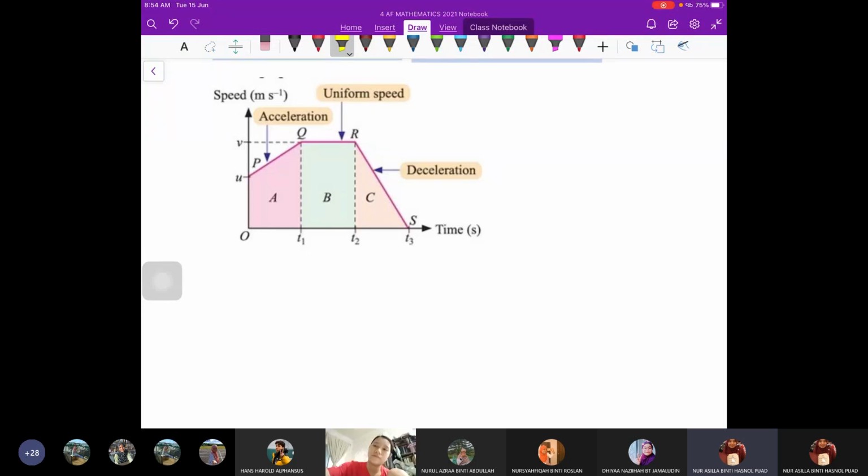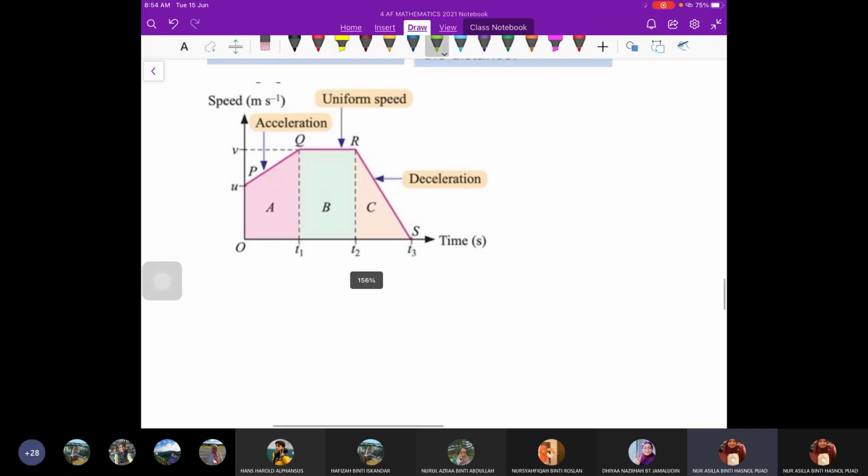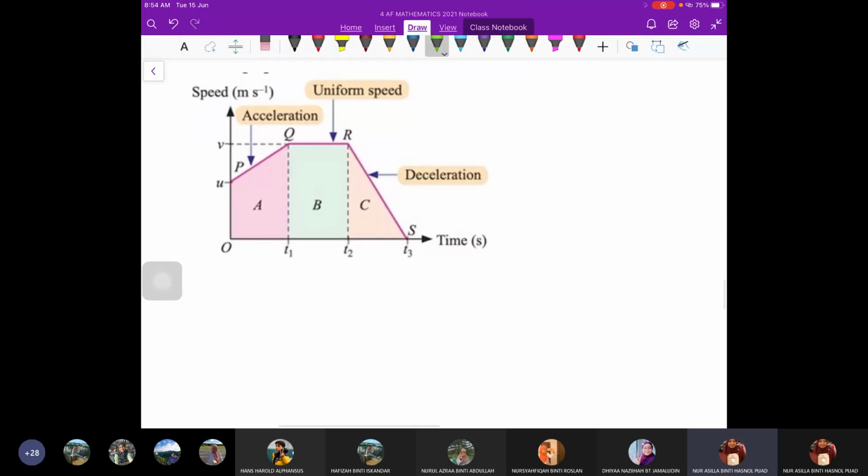Okay, kita start. So saya akan label sama juga. Cuma kat sini ada A, B, C dah. So I put as D, E, F then.